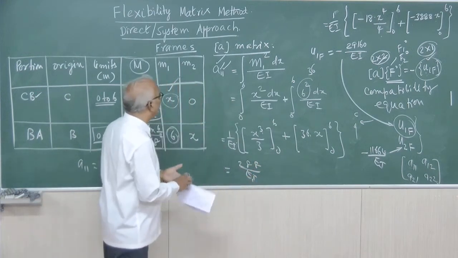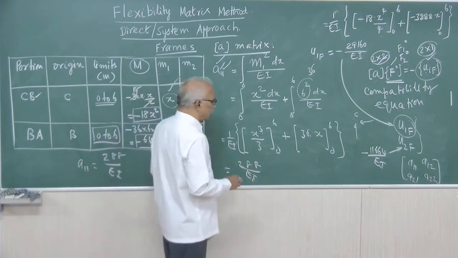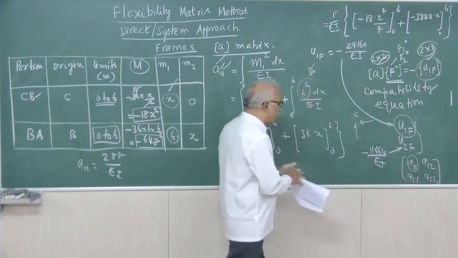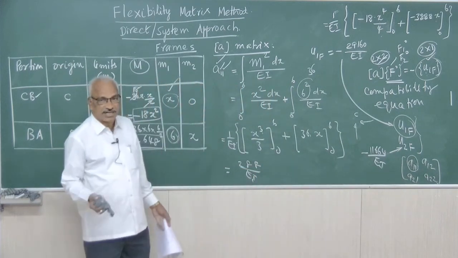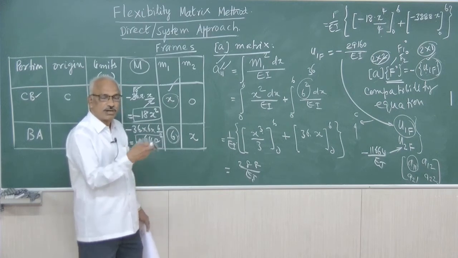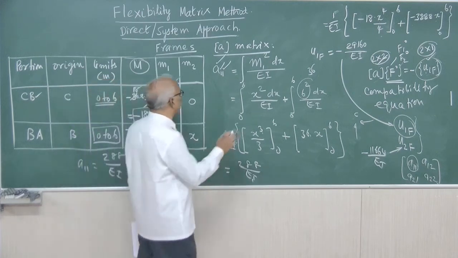Right. Next one: A11 we have got. We know the flexibility matrix is a symmetric matrix. When you multiply M1 by M2 and integrate, or M2 and M1 and integrate, the value will be the same.